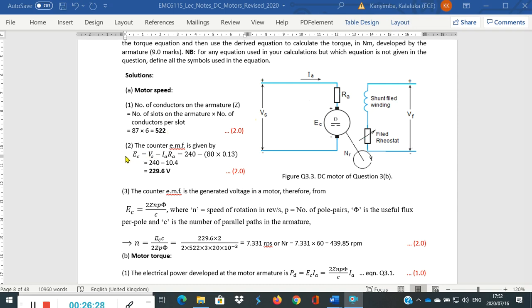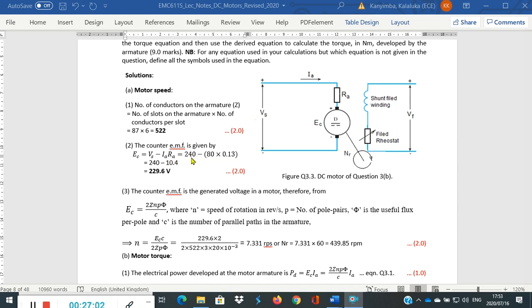And then 2, let's find the counter EMF from the equivalent circuit. If we take Kirchhoff's voltage law around this loop, we see that Vs is equal to the voltage drop across the armature, IARA, plus EC. So we can find EC. Therefore, EC is equal to Vs, the supply voltage, minus the armature resistance voltage drop, IARA.